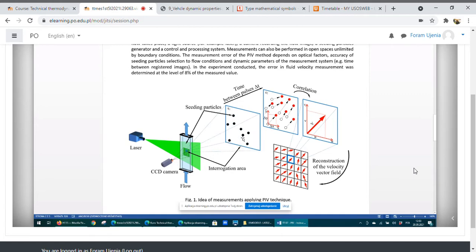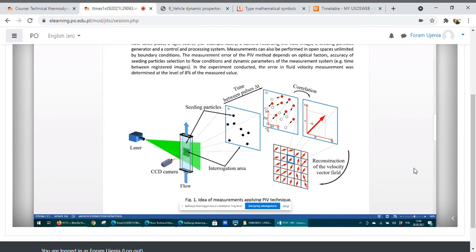So if we have a small droplet of liquid, for example oil, in one picture, and we know the time between these two pictures, which is very, very small, for example one thousandth of a second, and we prepare two pictures in this small time, we can see the very small displacement.